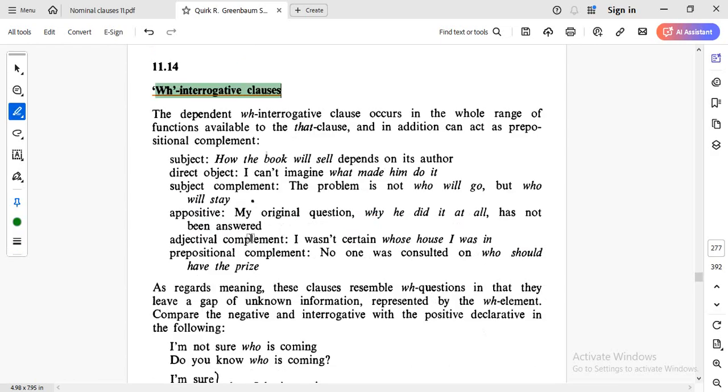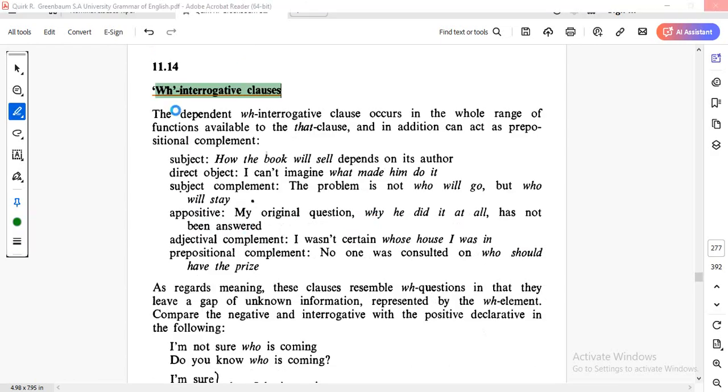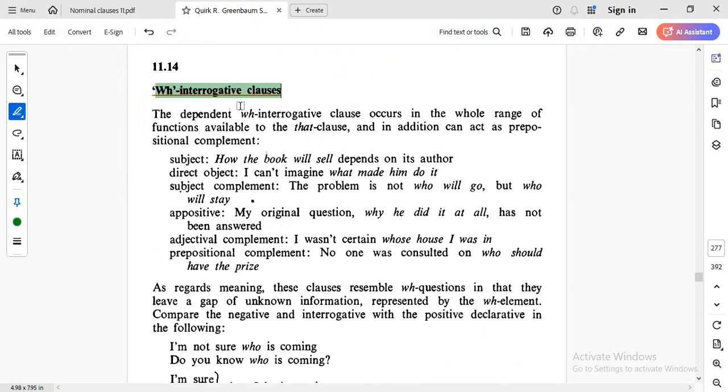The next type of nominal clauses is the WH interrogative clauses. Here also, it is a kind of clause that functions differently according to its position in a sentence. And as we said, we can distinguish these WH interrogative clauses by the keywords.